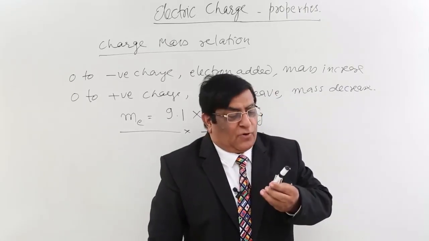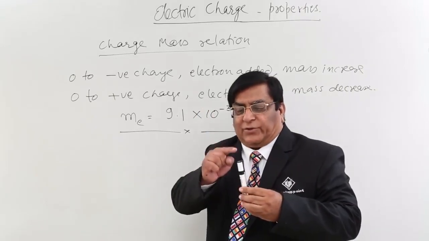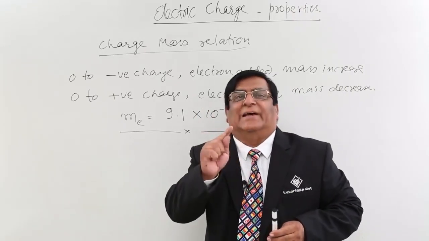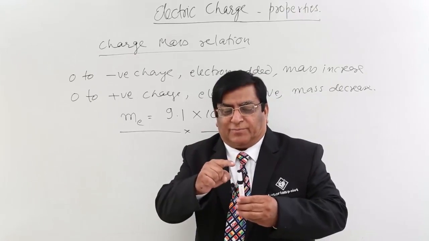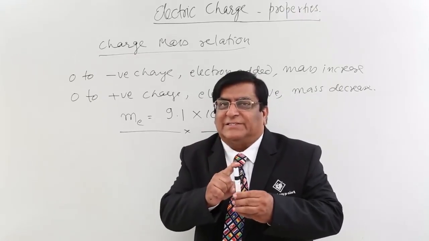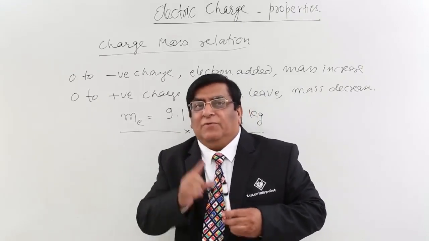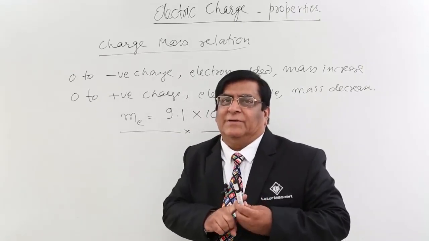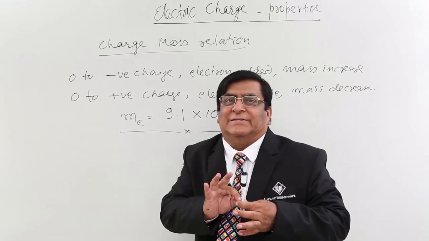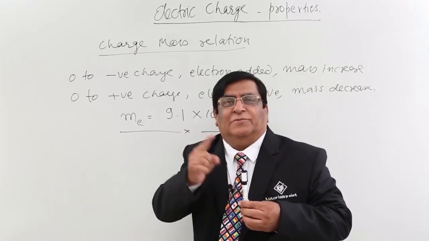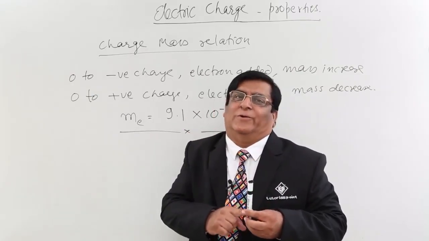Now, if we want to make it negatively charged and an electron goes here, electron is a particle, particle has a mass. So, that means that mass also sits on this. That means the mass is increased. We want to give it only charge, but it is a binding with us that we bring an electron which will bring mass with it also.